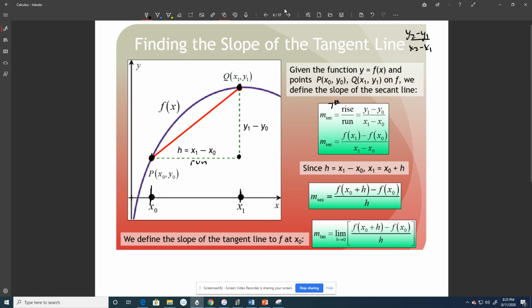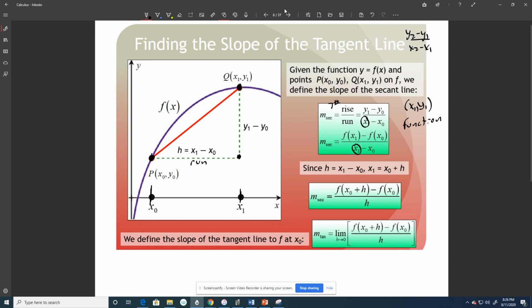Up to this point, you've used coordinate pairs quite a bit. You've used ordered pairs like this. You've had x1 and y1 written out for you like this. This second formula right here, I just want you to recognize that it's the same thing, but it's in what we call function notation. Instead of x and y, you notice that my x's are still on the bottom. I still have x1 and x1.